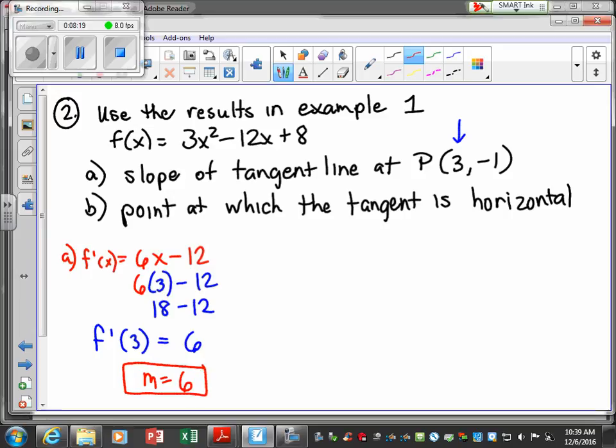All right, now for part B, the point at which the tangent is horizontal. What do you know about when a tangent line is horizontal? So for example, if I just had some function like that and I'm looking for when my tangent line, pretend that's a straight line, is horizontal.